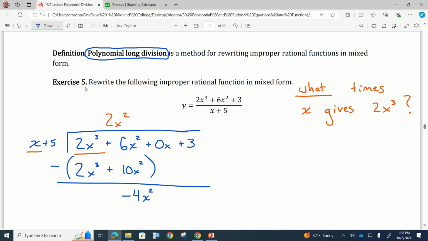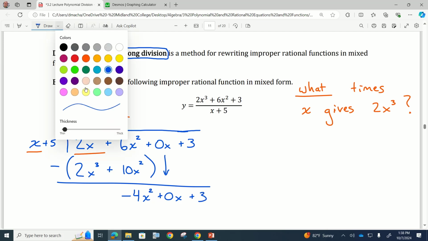And if I don't put down the parentheses, sometimes I can make the mistake of accidentally doing 6x squared plus 10x squared and getting 16x squared, but that would be wrong. That's a common tripping up point, a common stumbling block. So try to avoid that. Again, the parentheses help me remember I'm subtracting these things. And then I want to bring down the plus 0x and the plus 3.